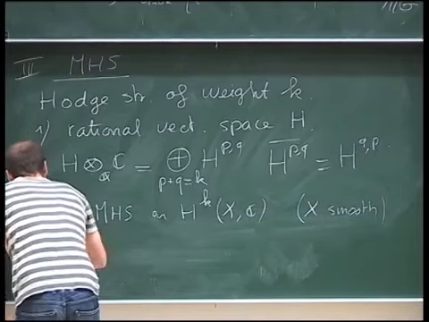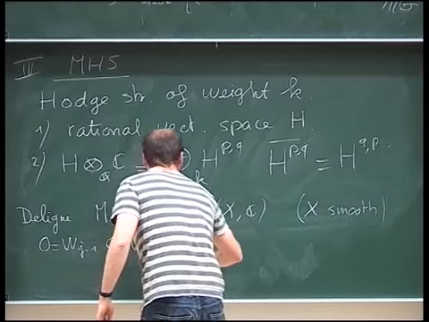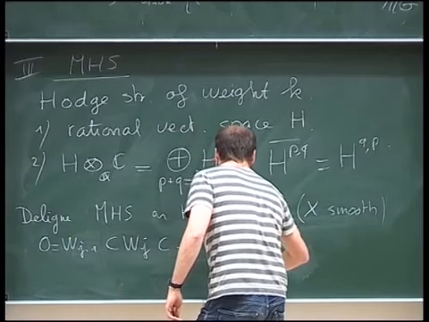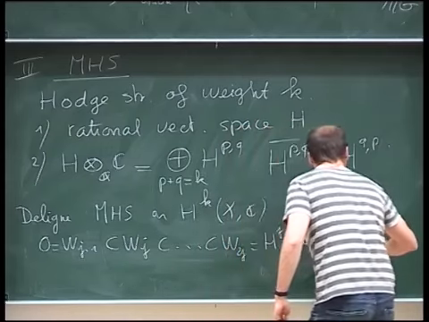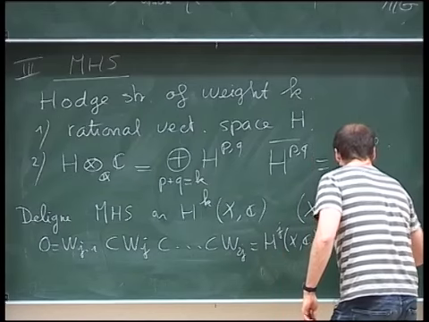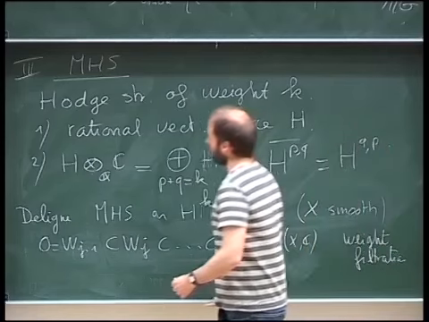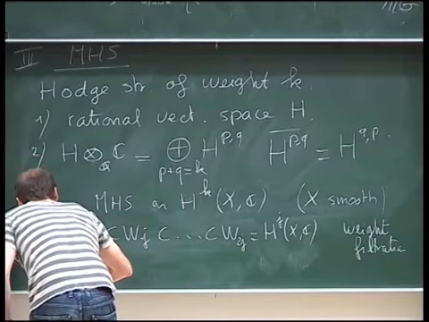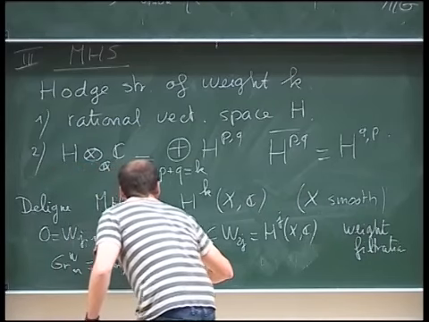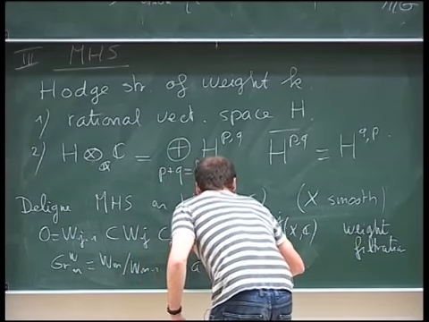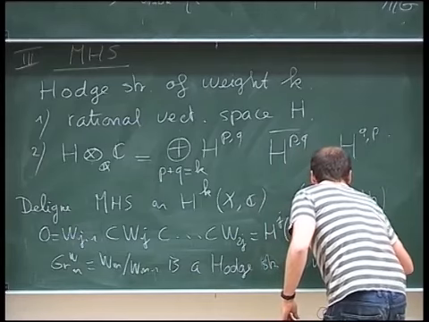So this is a filtration, which is called the weight filtration, such that each quotient, the graded piece of W_m, which is W_m over W_{m-1}, is a Hodge structure of weight m.